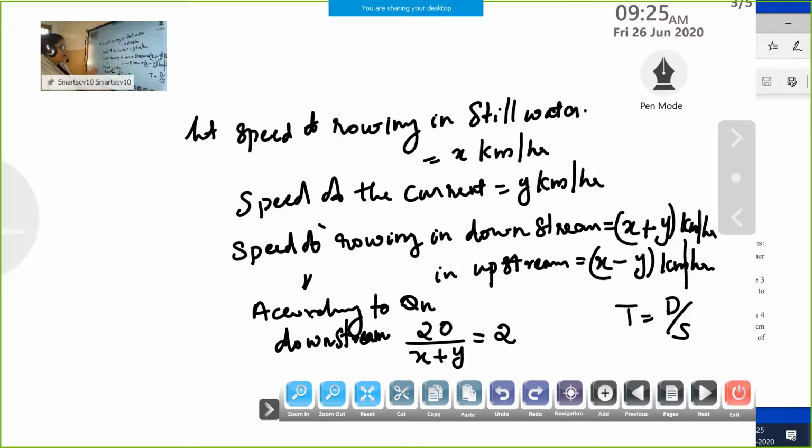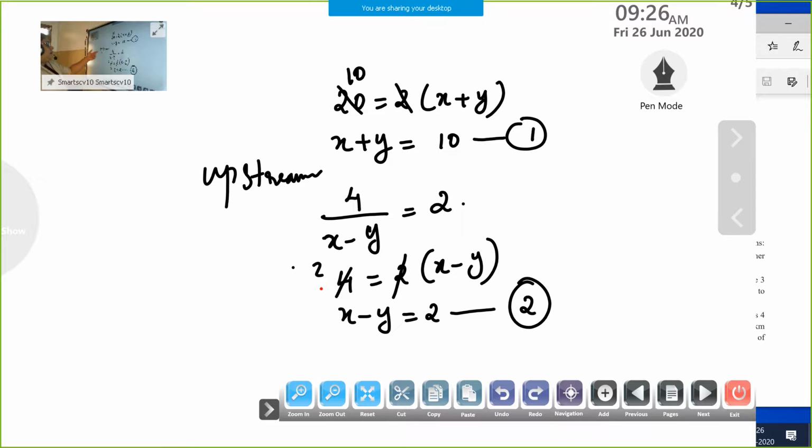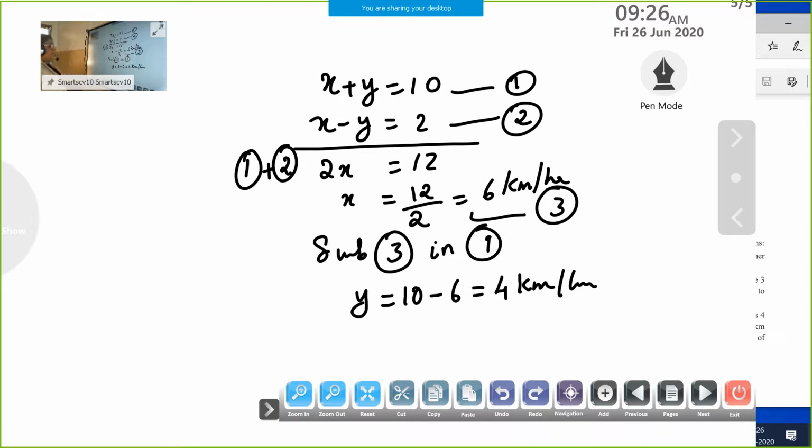According to our question, 20 kilometers in 2 hours means 20 divided by x plus y is equal to 2, and upstream 4 divided by x minus y is equal to 2. We form two equations, one is x plus y is equal to 10 and the second is x minus y is equal to 2. Finding the value of x and y, x is equal to 6 and y equal to 4. That is, the speed in still water is 6 kilometers per hour and speed of the current is 4 kilometers per hour. Clear?